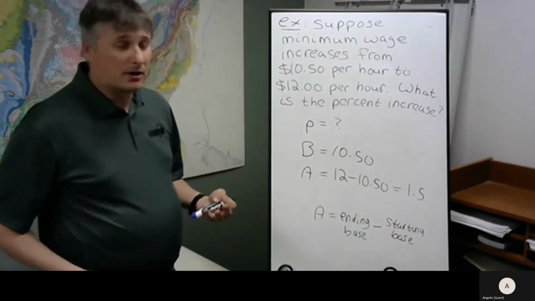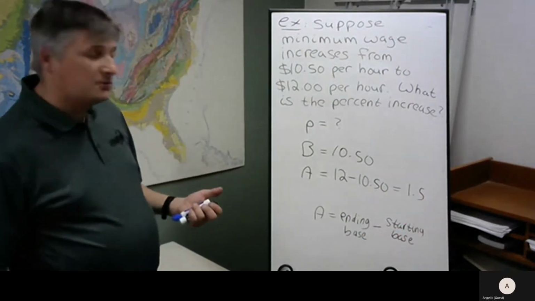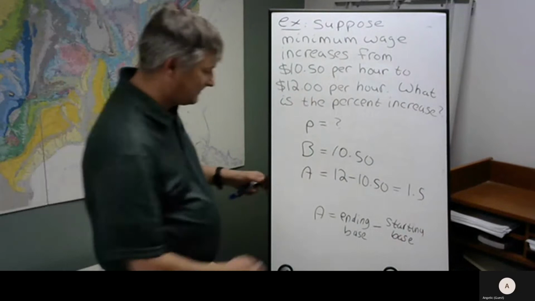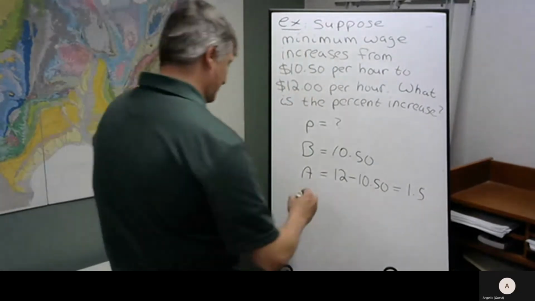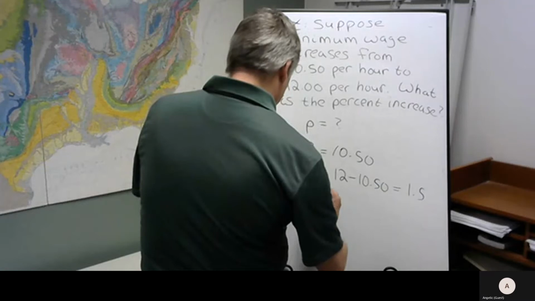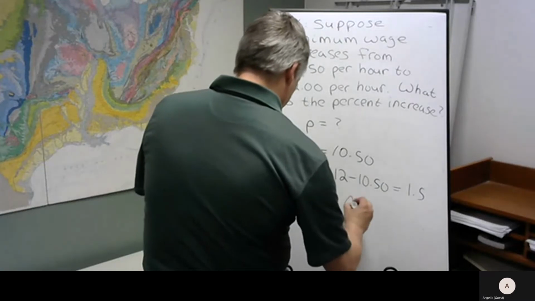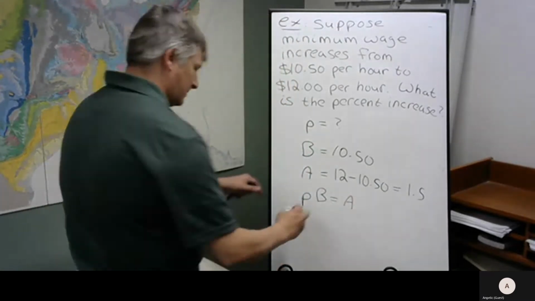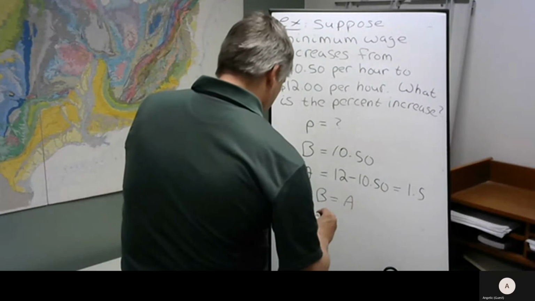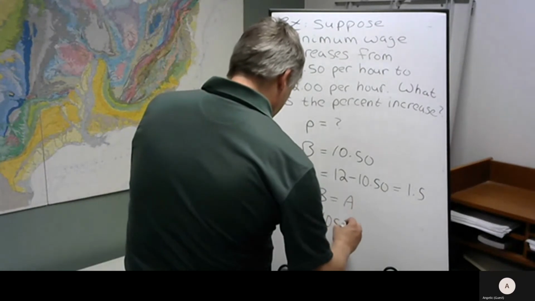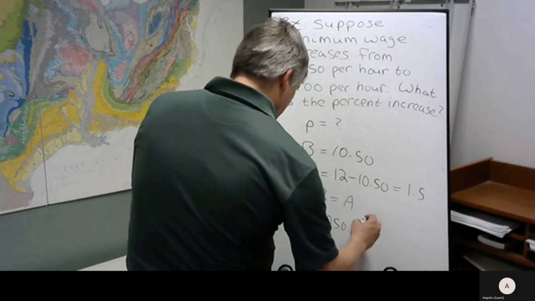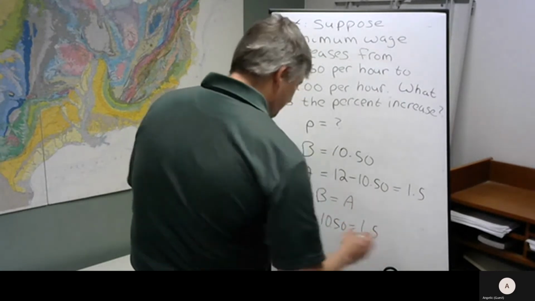So now we have all the parts. Now we use that equation. So we don't know this one. We have this. That's 1.5.